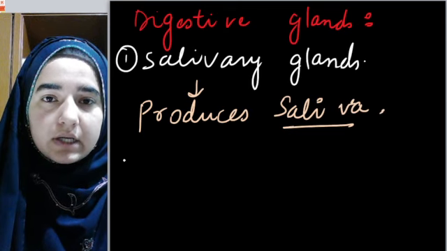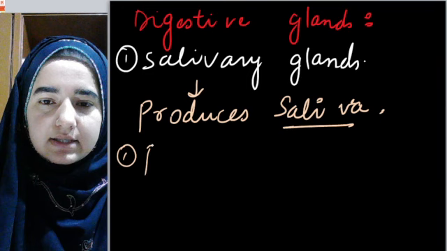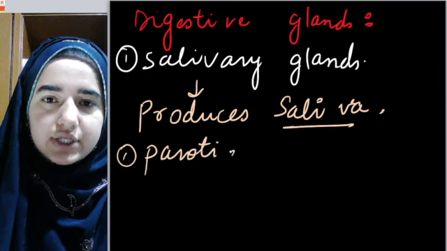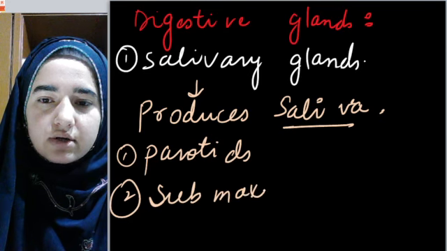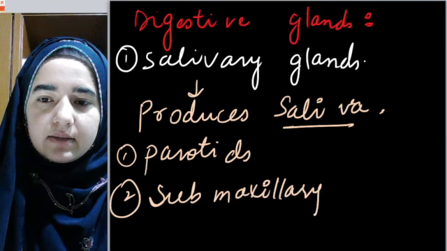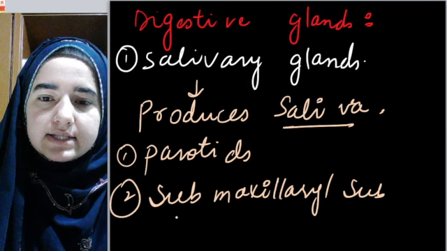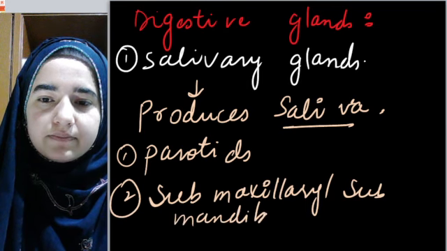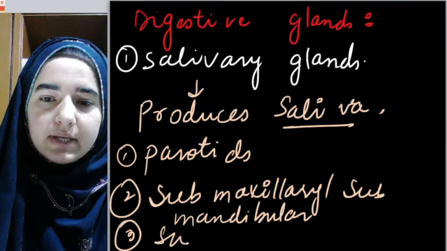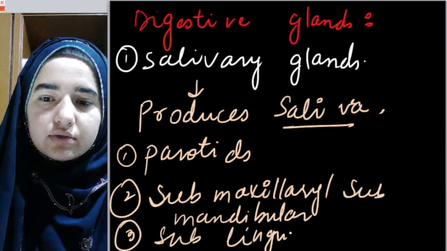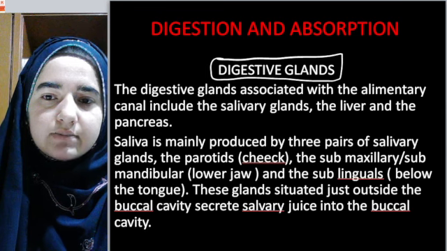We have three pairs of salivary glands. The first one is parotids, that is in the cheeks. Another one is submaxillary or submandibular, in the lower jaw. Then finally we have sublingual, those salivary glands which are present below the tongue.